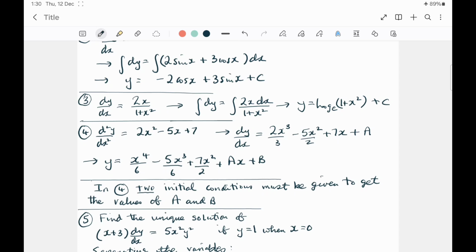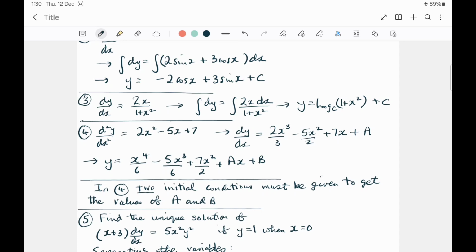And then in the next step, again integrating step by step, dy/dx becomes y, and the right-hand side becomes x to the 4th over 6 minus 5x cubed over 6 plus 7x squared over 2 plus ax plus b.